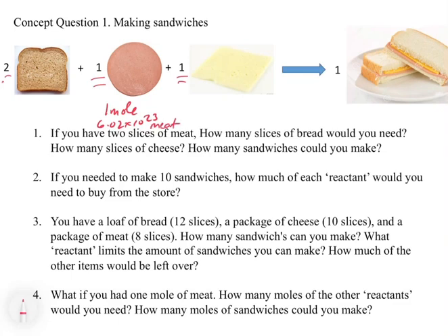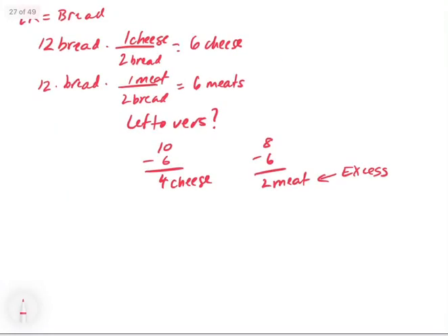Now let's think about how much cheese we would need. If we had 1 mole of meat, that would be a lot of meat. How many cheeses, in terms of moles, would we need in order to do this? Well, we can set this up as a unit conversion. If we had 1 mole of meat, that's going to equal 6.02 times 10 to the 23rd meat.